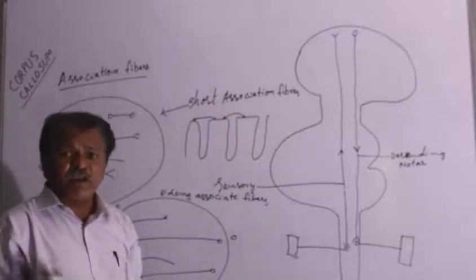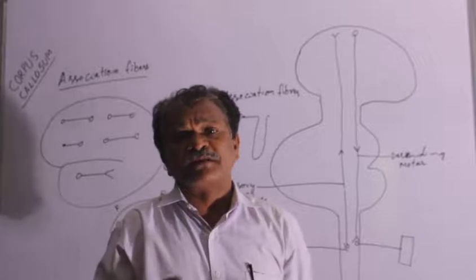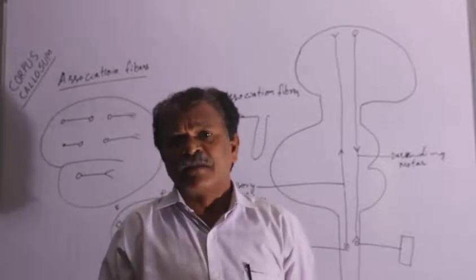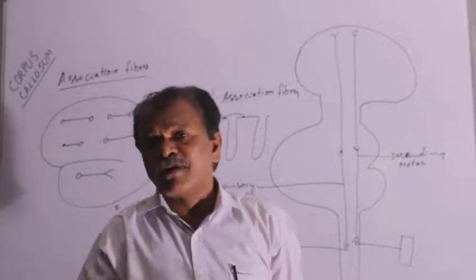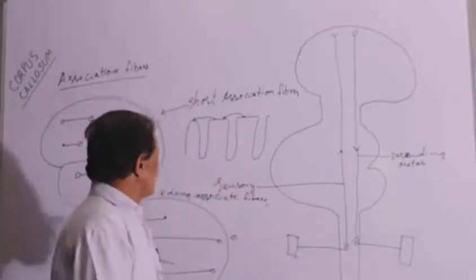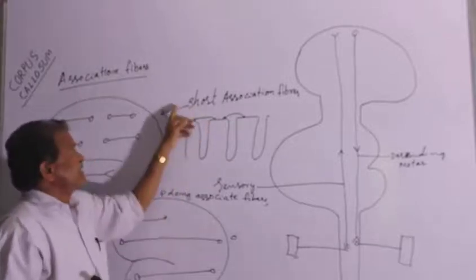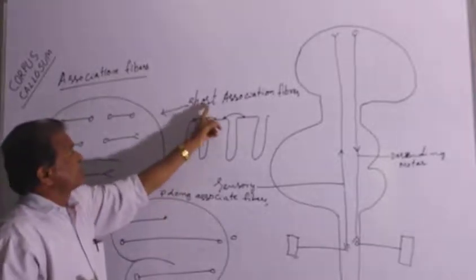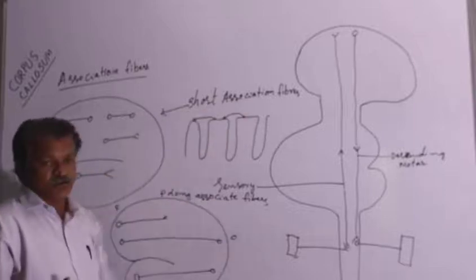Association fibers connect different parts of the cerebral cortex in the same hemisphere; they do not move to the opposite side. There are two types: short association fibers and long association fibers.